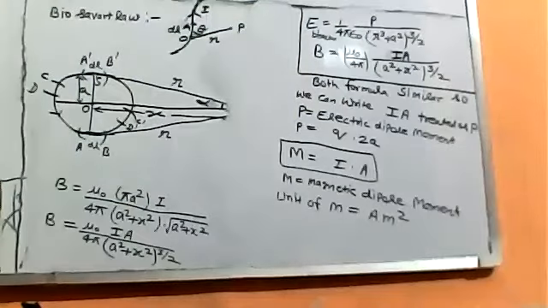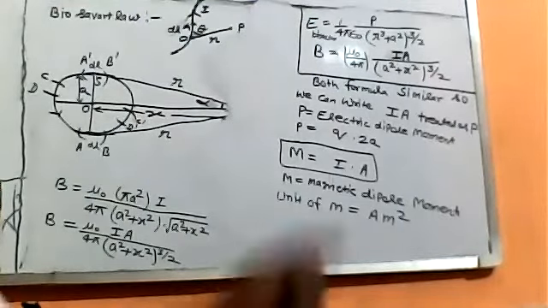What is the unit of electric dipole moment? Tell me, Anisa. You can easily tell from the formula written on the board. Coulomb meter.